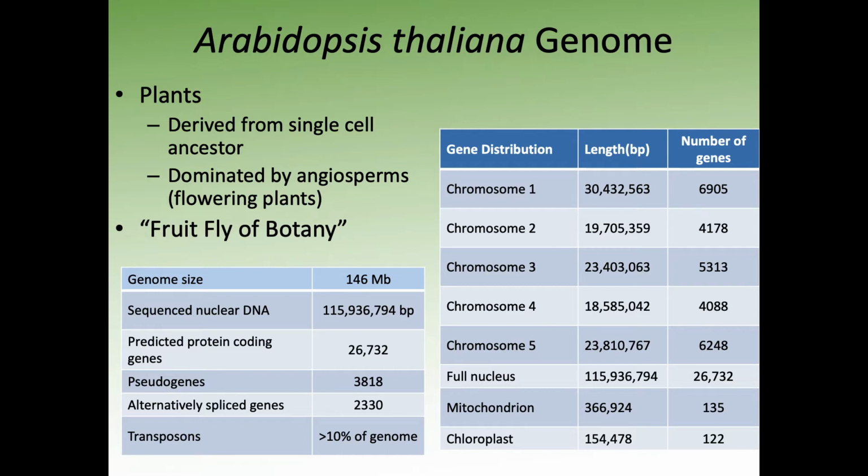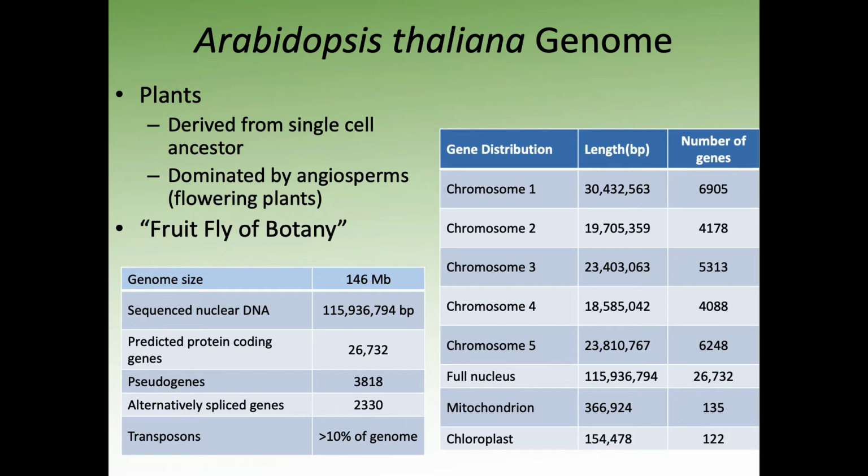Plants were derived from what we think was a single cell ancestor, something that was likely similar to a modern green algae of some kind. They are currently dominated by angiosperms, or flowering plants, and Arabidopsis is an exemplar of that, with a relatively modest genome size of 146 megabases, or million base pairs.